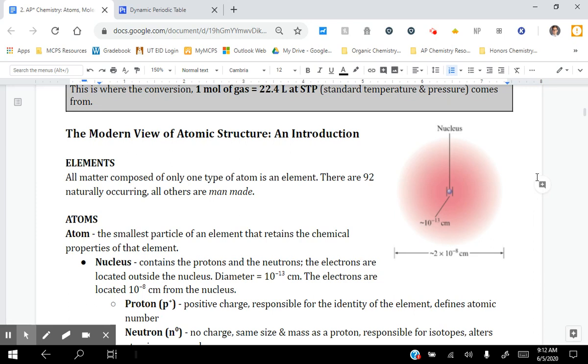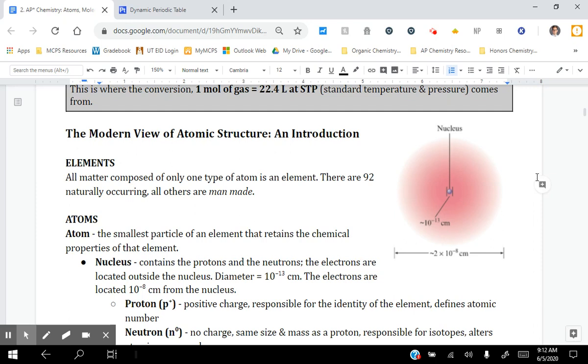There are a lot of studies going on right now using particle colliders, such as the Large Hadron Collider in Switzerland, where they basically smash really heavy nuclei together in fusion reactions in an attempt to create additional elements. So when we say they're man-made, that's what we're referring to.